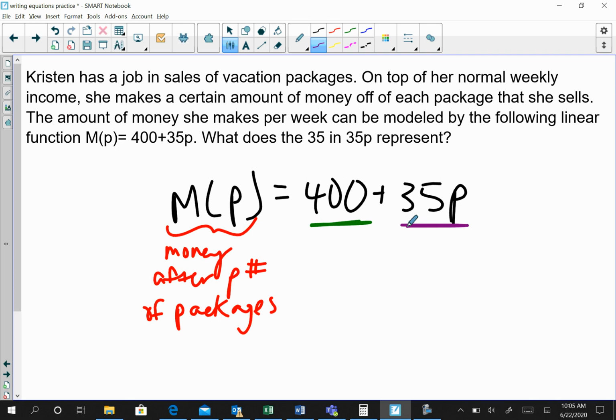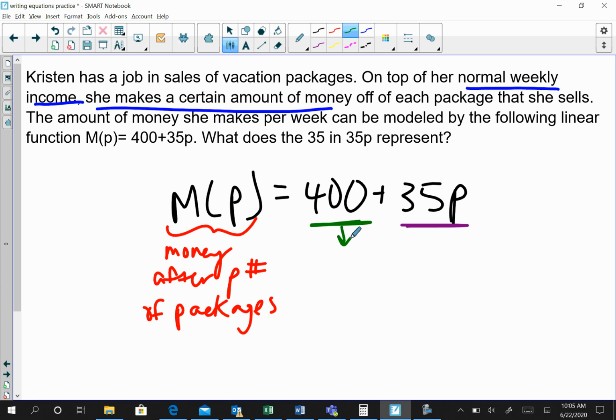So one of them has the variable, which means one of them relies on something. She makes a certain amount of money off of each package and a normal weekly income. So this 400, no matter what, she gets plus 400. Even if P is 0, she still gets 400.